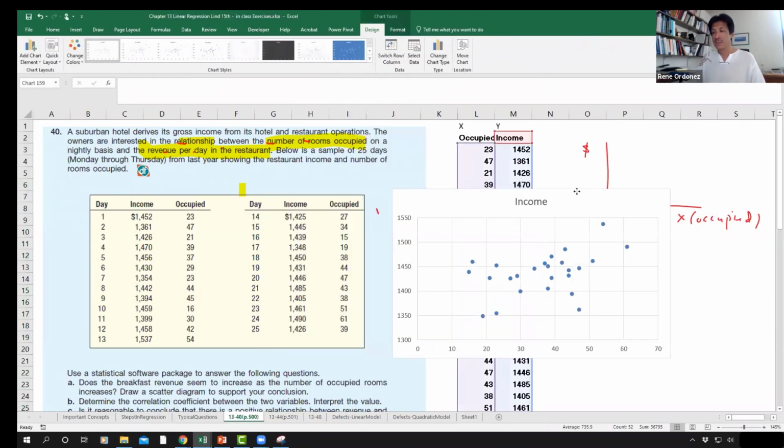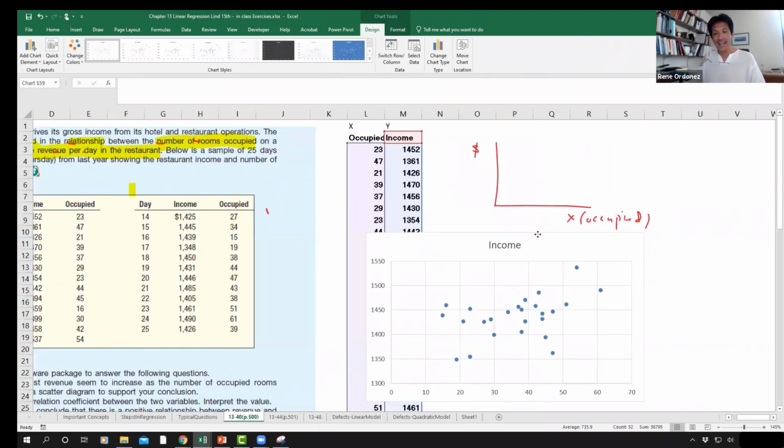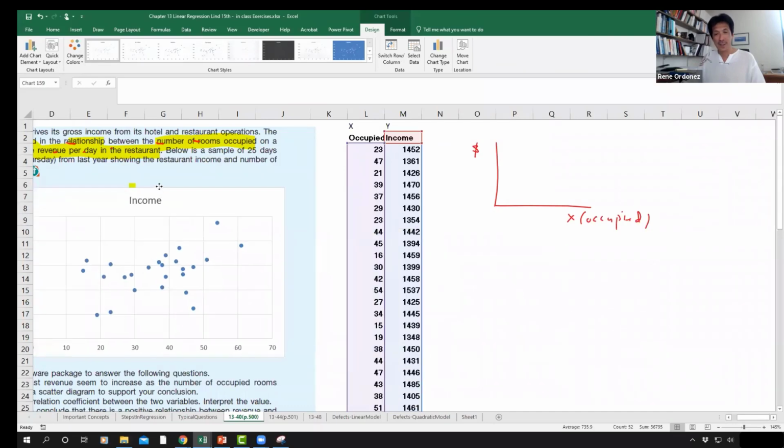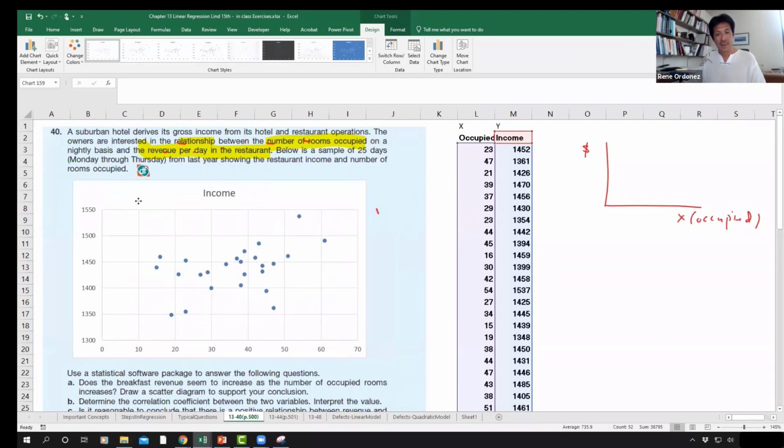So here's your rough plot of the data set. Is it consistent with what I anticipated? I want the number of rooms occupied on the horizontal axis, and then the revenue on the y-axis over here.